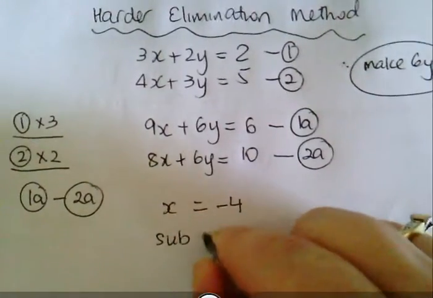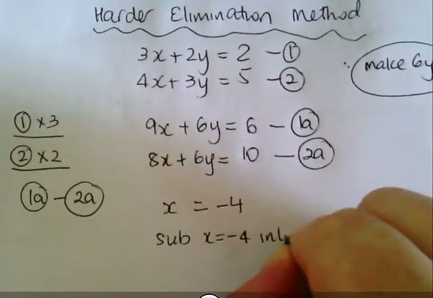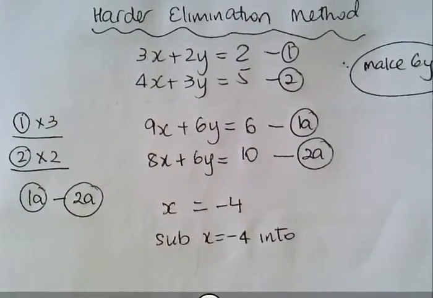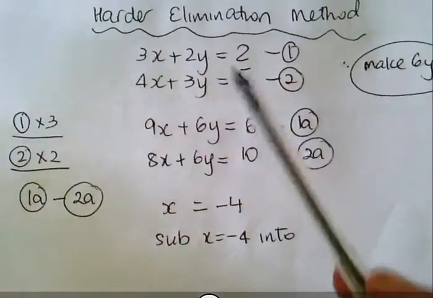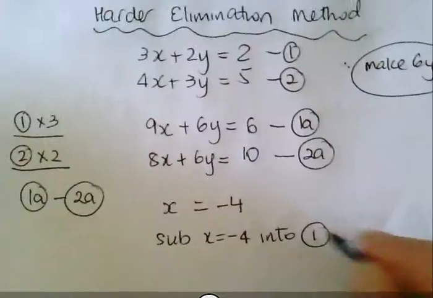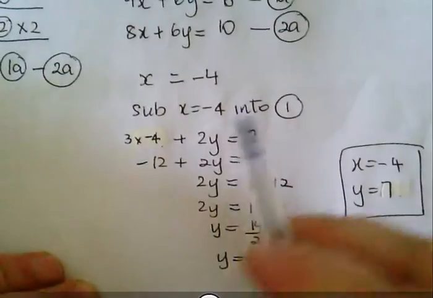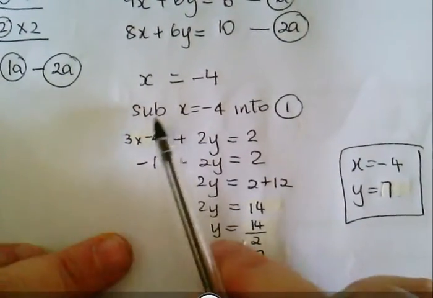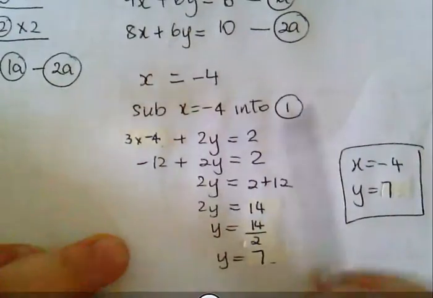Now I can substitute x equals negative 4 into any equation I want. I'd put it into 1 or 2. Let me put it into 1. So substitute x equals negative 4 into equation 1.